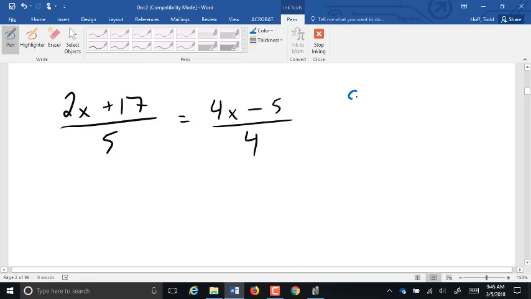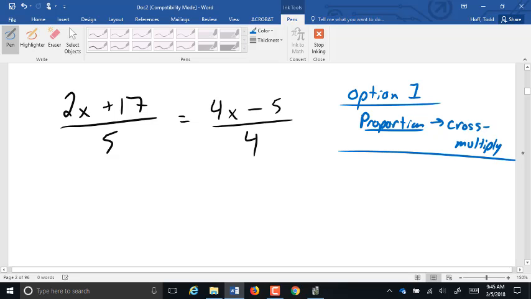Option 1. Since this is a proportion, remember a proportion is just one fraction equal to another fraction, we can cross multiply. Let's take a look at option 1.